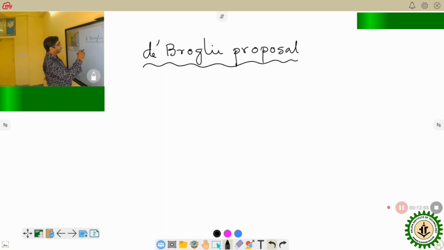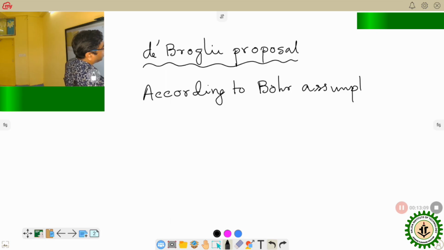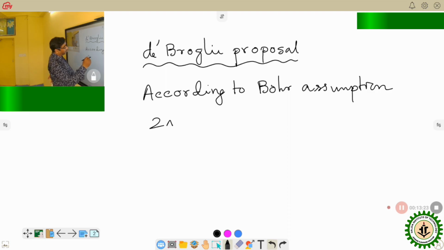He took the Bohr theory. According to Bohr's assumption, 2 pi rn must be equal to n lambda.